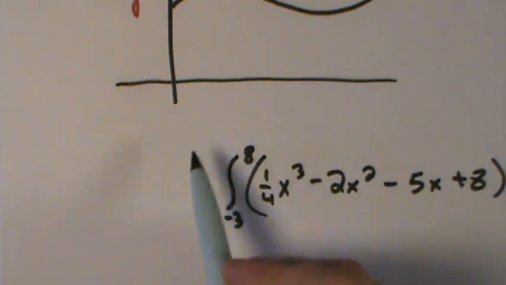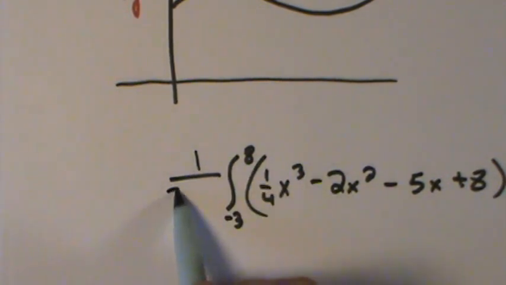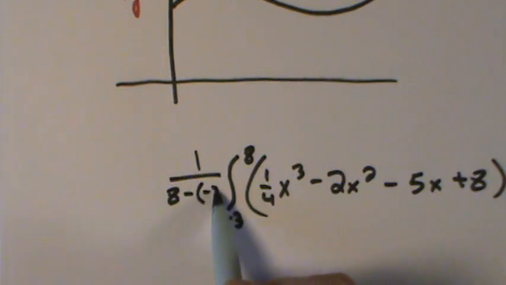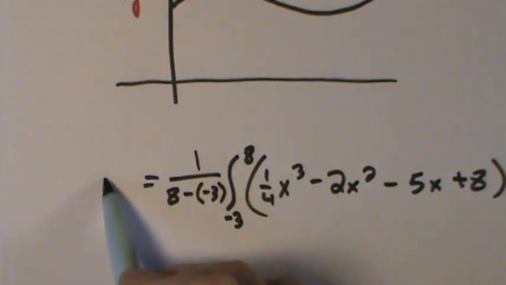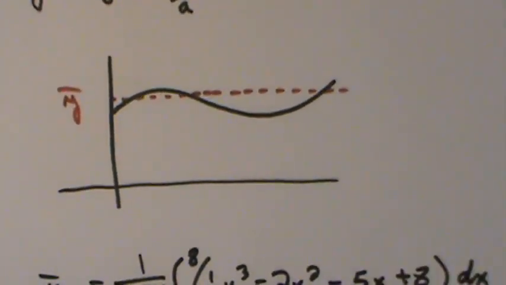So I'm going to do my 1 over b is 8 minus -3, and that would give me that average value of the function. And so I get 1/11.